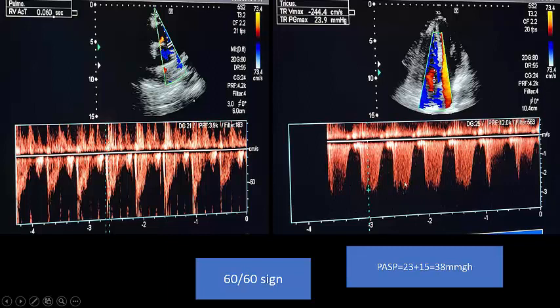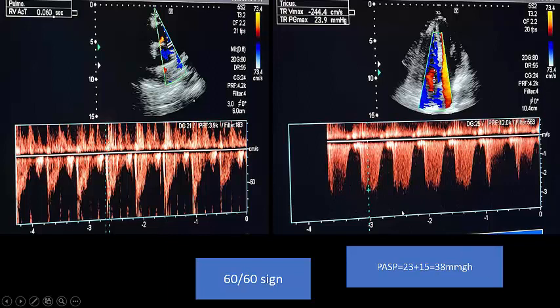The first 60 is the pulmonary artery systolic pressure, which in acute pulmonary embolism will be less than 60 millimeters of mercury, because in acute cor pulmonale with sudden pressure overload, the right side will not tolerate the overload and will fail, unable to generate pressure and increase the pulmonary artery systolic pressure.